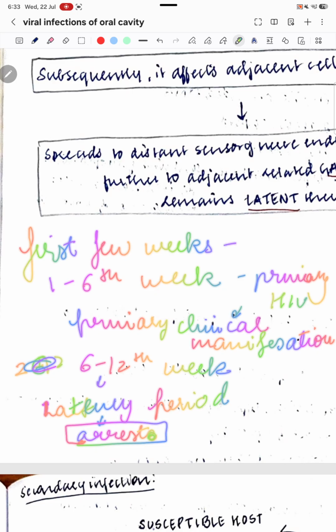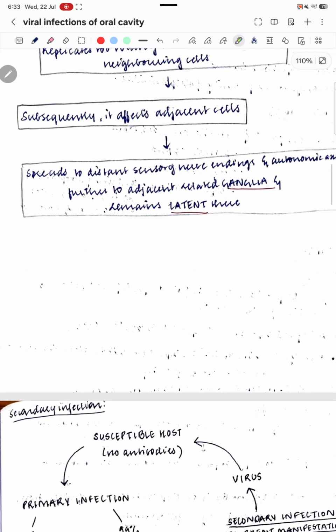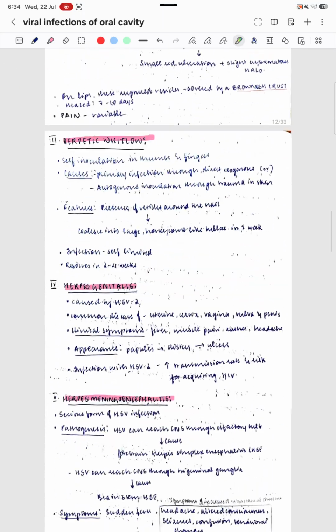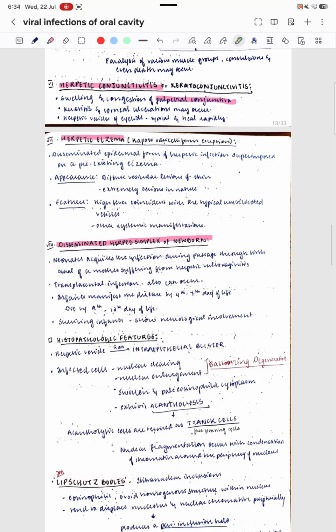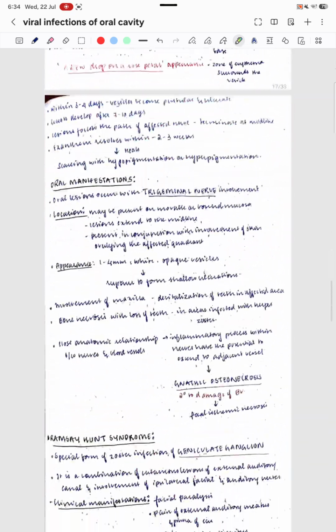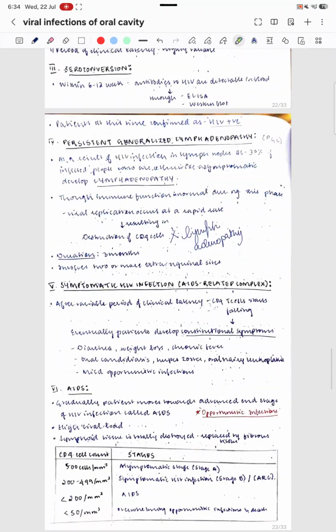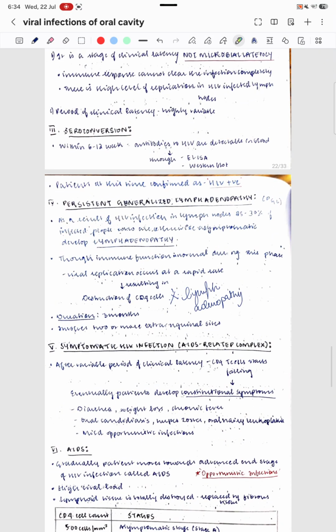Now this latency period lasts for up to 3 months. After this is your secondary infection. So this is the weekly flowchart that you need to remember. So that was about the infection in weeks.